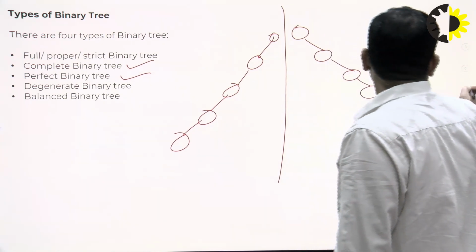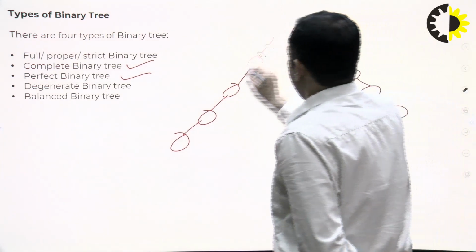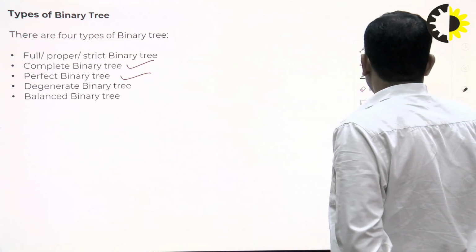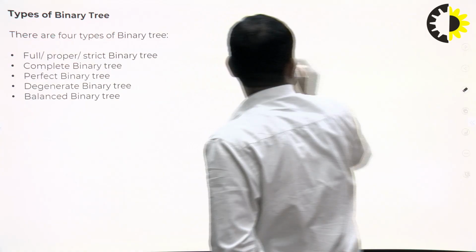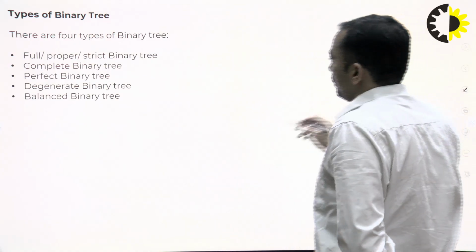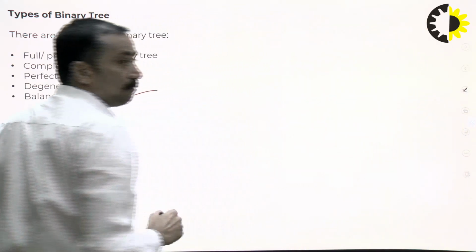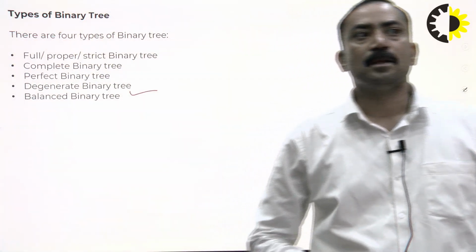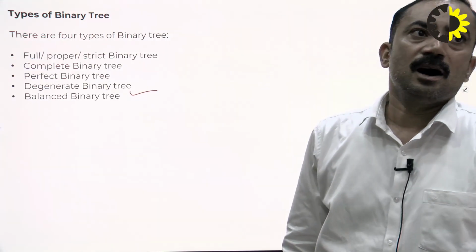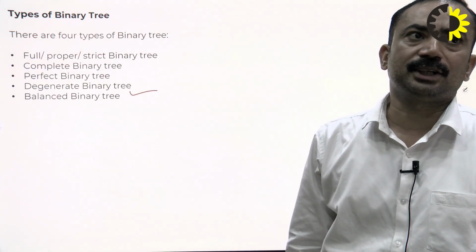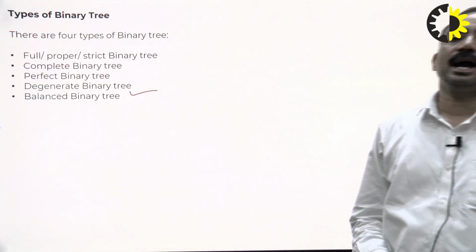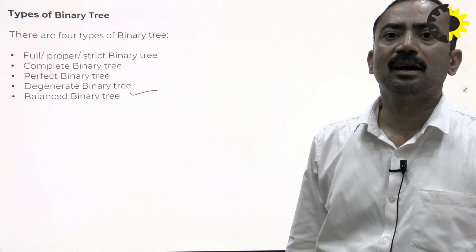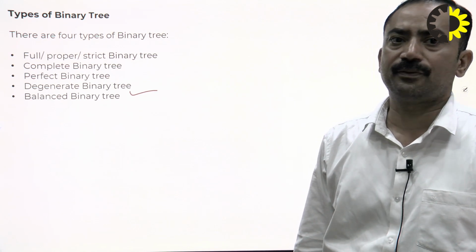Next, in our discussion, the last category of binary tree is the balanced binary tree. A balanced binary tree is a tree in which the left and right subtrees differ in height by at most one.